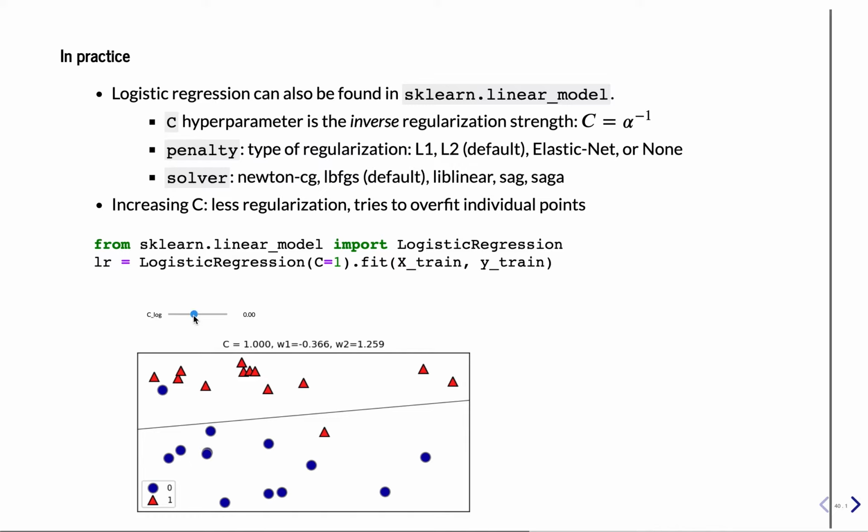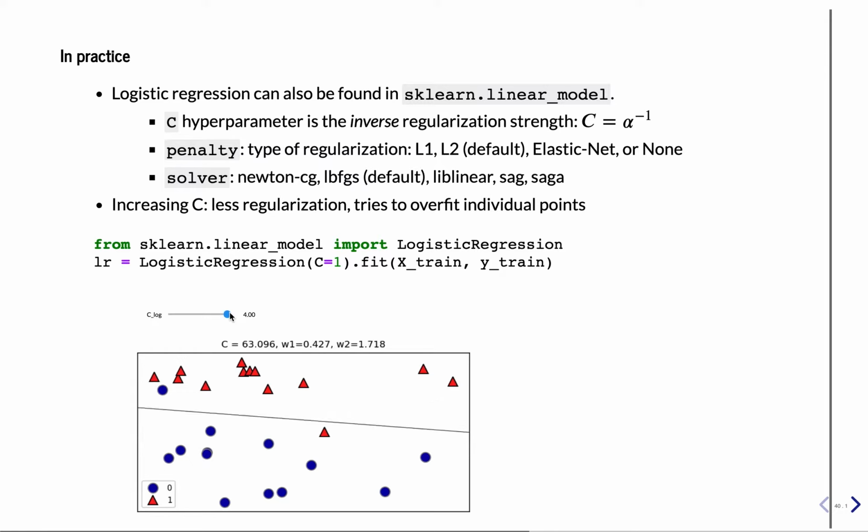This is the line I find normally. If I increase C, and you can see that it has two misclassifications, one blue point here and one red point here. So if I increase C, so if I have less regularization, you'll see it starts overfitting because it wants to get every point correctly.